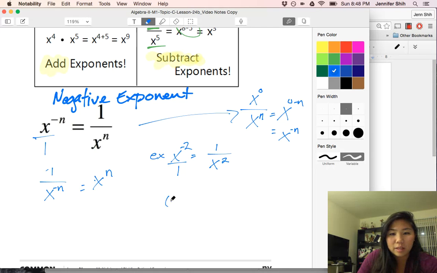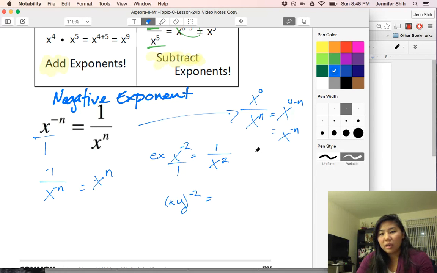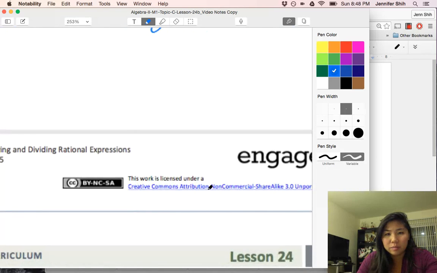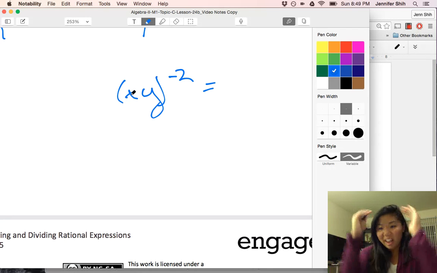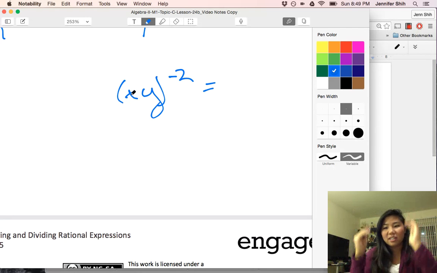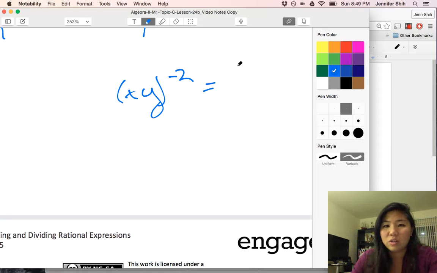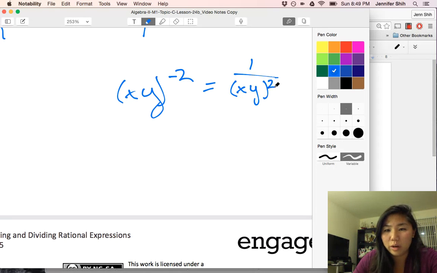If you have something like this, (xy) to the negative 2, look closely: the closest thing to this negative 2 is the parentheses. That means everything in the parentheses has to move down to the denominator. So 1 over (xy) squared.